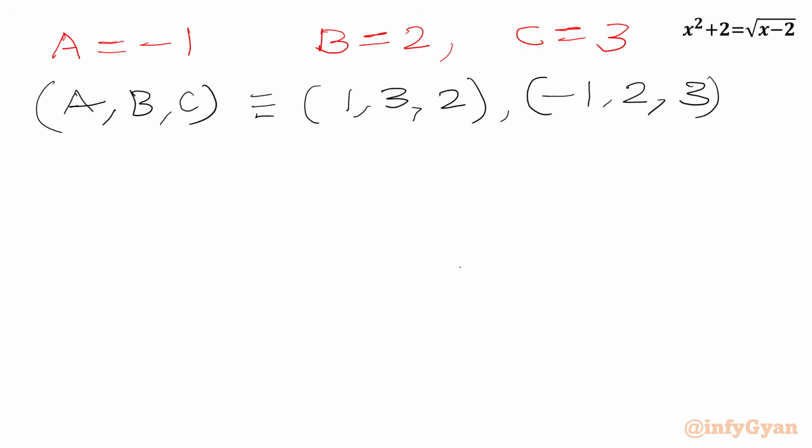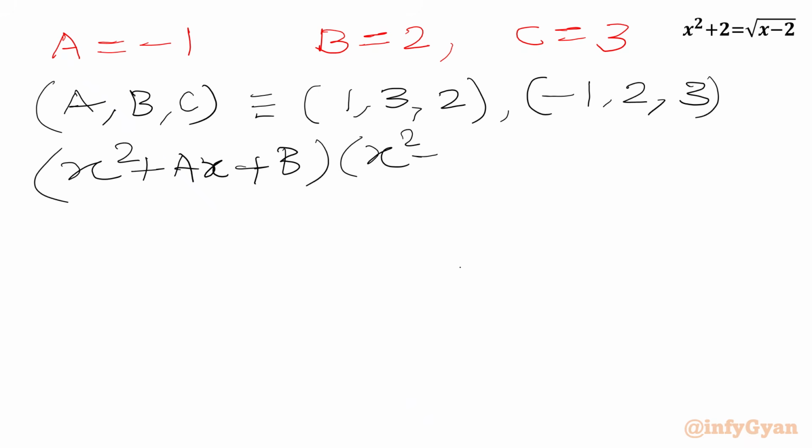Now we will write the product of quadratics. So I can write here x square plus ax plus b times x square minus ax plus c equal to 0.